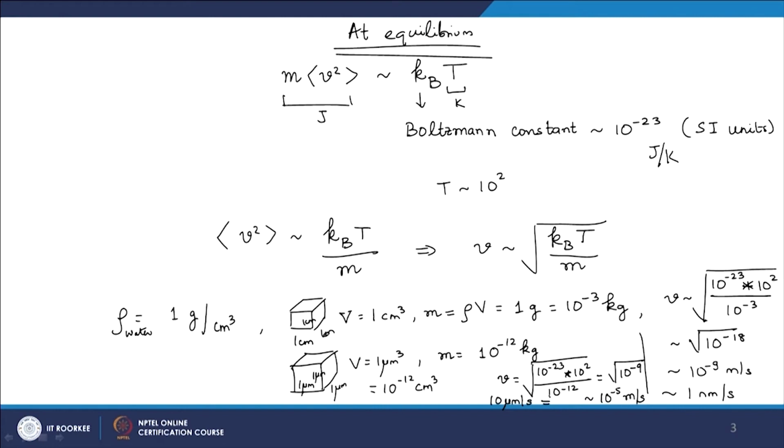So, now if I have a 1 micron block that is moving at a velocity of, say, 10 micron per second, or let us say even 1 micron per second for the lower estimate, then this velocity is quite significant, because now the block or the molecule that is 1 micron in size is moving at a velocity such that you can appreciably see the movement, because the amount of movement you can get in 1 second is comparable to or larger than the size of the block itself.